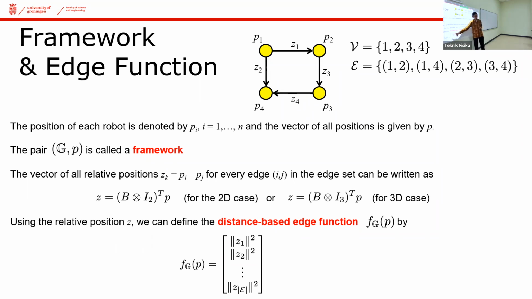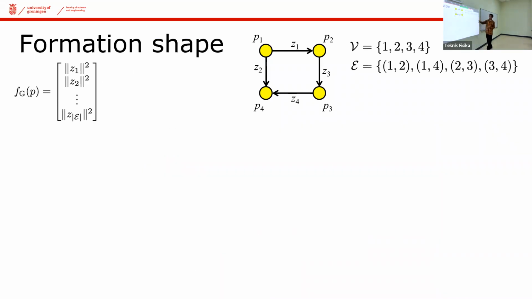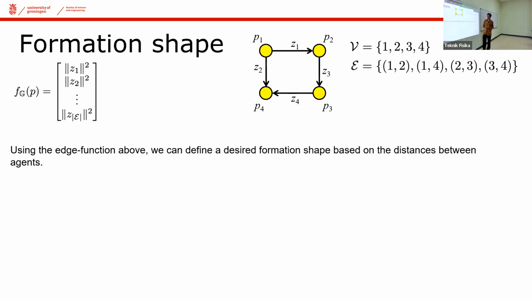When you compute the norm, and this is the Euclidean norm, I would recall that Euclidean norm is just like using Pythagoras theorem to indicate the distance between the 2 points. And you can see here that I am collecting all of the information about the distances of all of the edges. So in this particular example, we have 4. So you can see on the left, that is how we define the distance-based edge function.